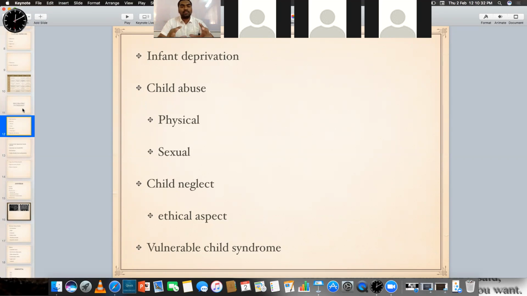This is really important because children who are deprived of this love, care and affection from mostly parents, or the guardians if the parents are not there, will have their social development and physical development stunted.